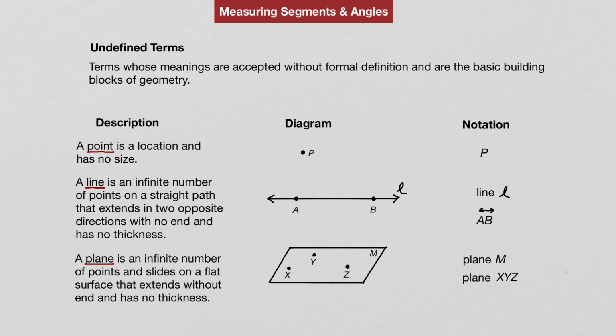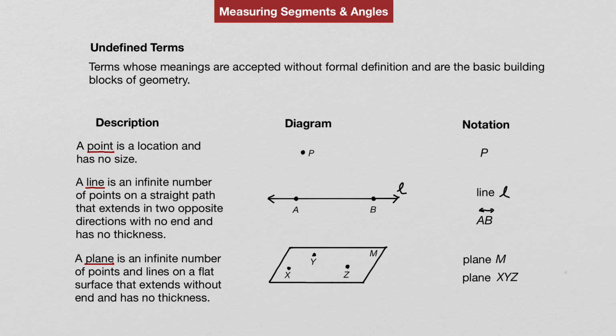Okay, and then the last undefined term is a plane. Okay, so this would be a diagram of a plane, and there are infinite number of points in here. And a plane is defined as an infinite number of points and slides on a flat surface that extends without end and has no thickness.